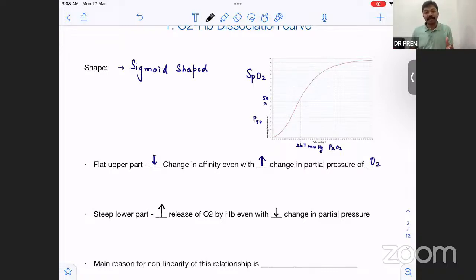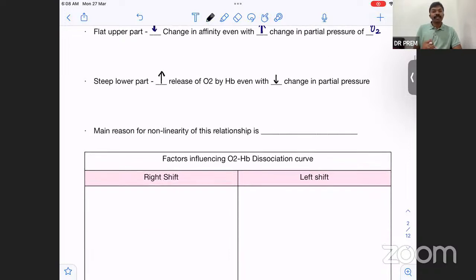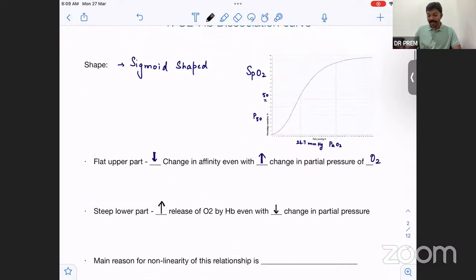It's very dynamic. Even though there is a trivial change in partial pressure, hemoglobin loses oxygen very quickly. And these 2 points are quite important when it comes to the oxygen hemoglobin dissociation curve and the affinity of hemoglobin for oxygen.